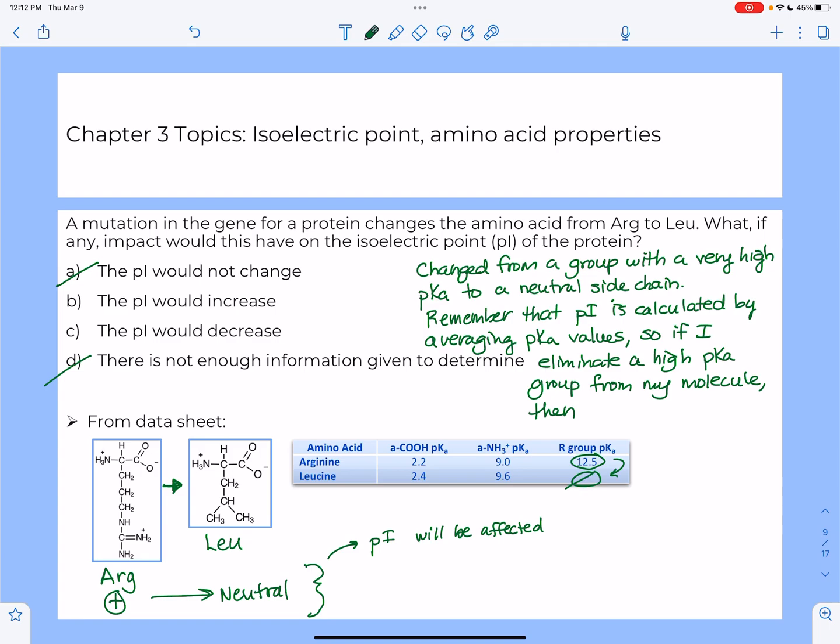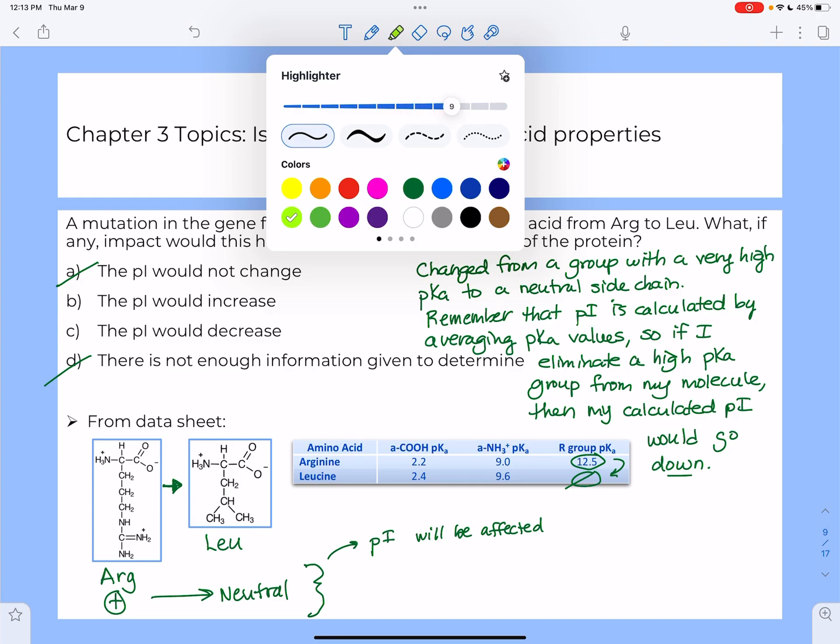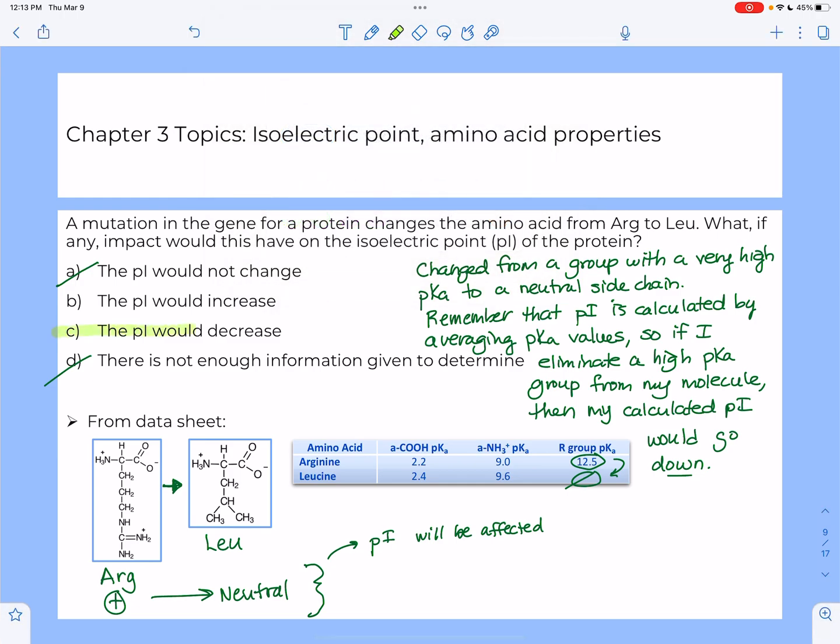Okay. Go down. So that's a decrease. So for this one, okay, my isoelectric point would decrease. Okay.